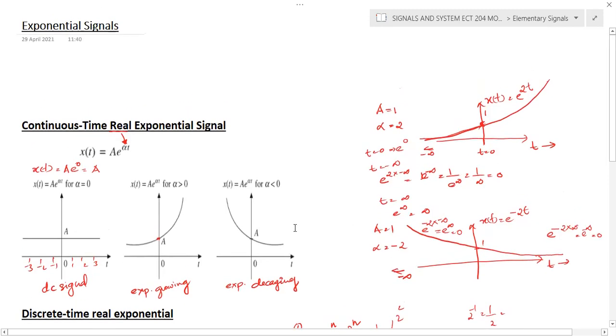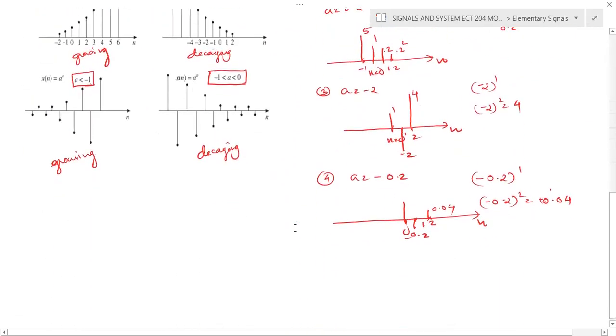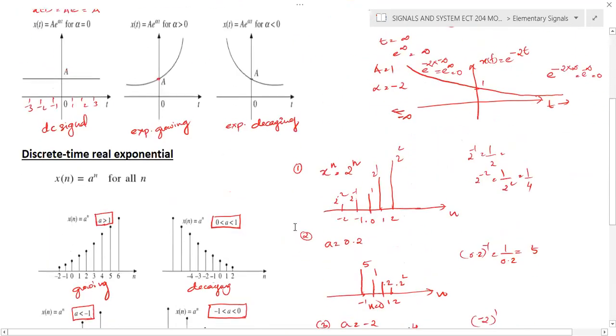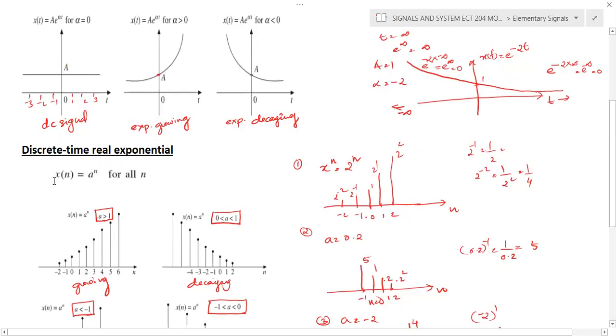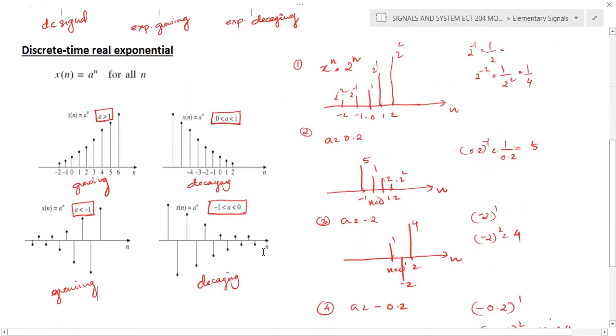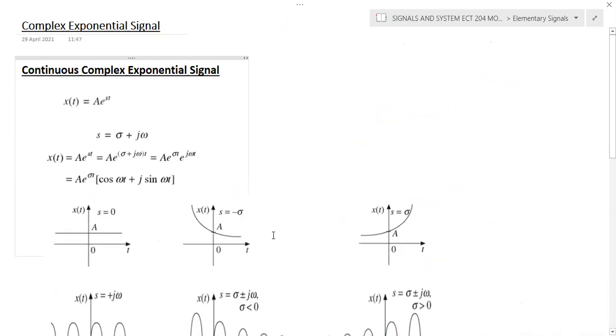So in the case of a discrete time signal, based on the value of a, you will get 4 different graphs.